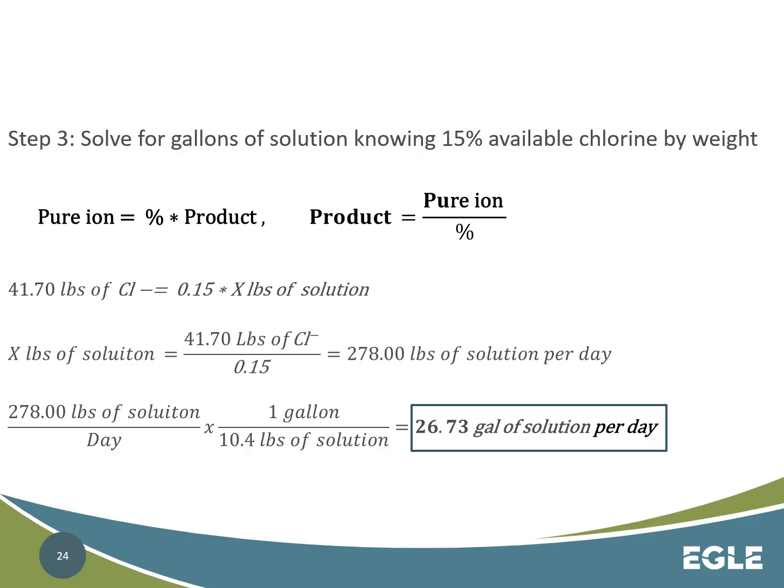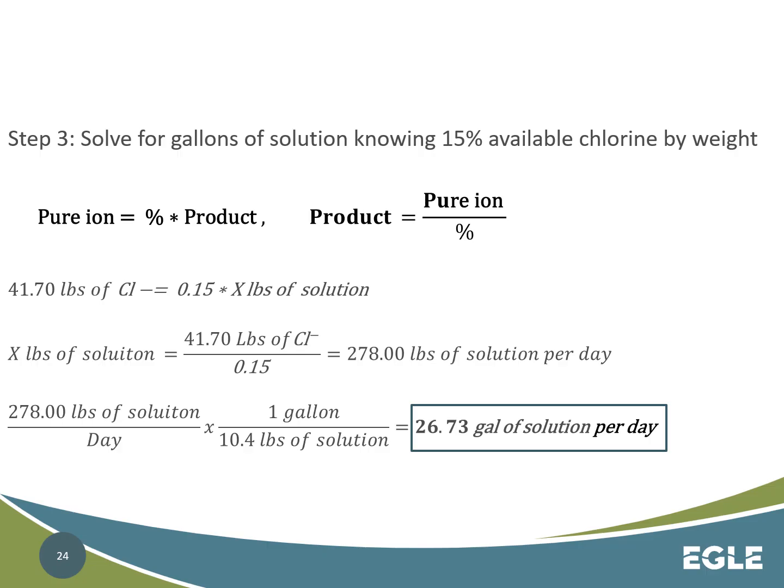So just as an overall concept, 15% available chlorine by weight means that if I weigh 100 pounds of this solution, say I put it up on a scale, I pour sodium hypochlorite, that liquid, into a big gallon drum, and I'm able to weigh 100 pounds of that solution, 15% of that, or 15 pounds out of those 100 pounds, are pure chlorine, right? So then it becomes a percentage calculation.